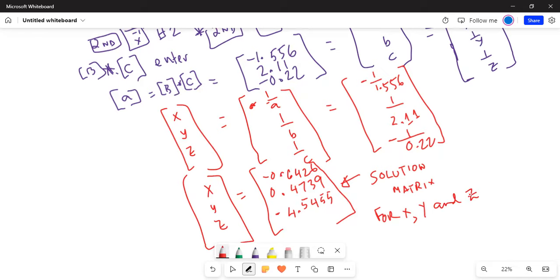So we wrote the coefficient matrix A, found its inverse, and multiplied A to the power of minus 1 by the constant matrix to get the solutions. But these solutions are for A, B, and C. Remember, A is the inverse of X, B is the inverse of Y, and C is the inverse of Z. So after finding the solutions small a, small b, and small c, we have to invert them to get the actual X, Y, and Z, which we did in the last step.